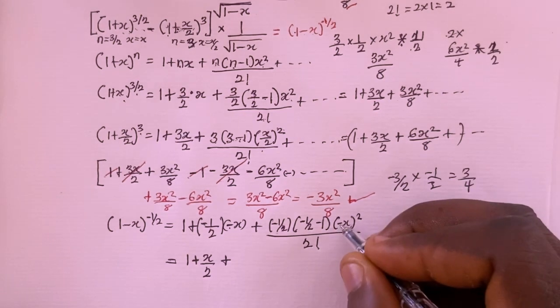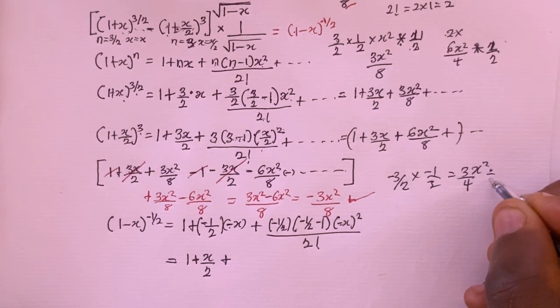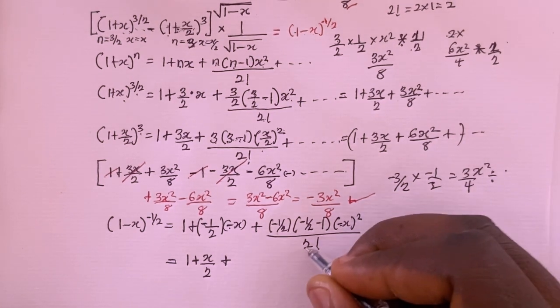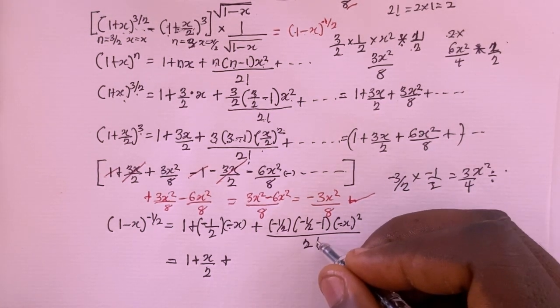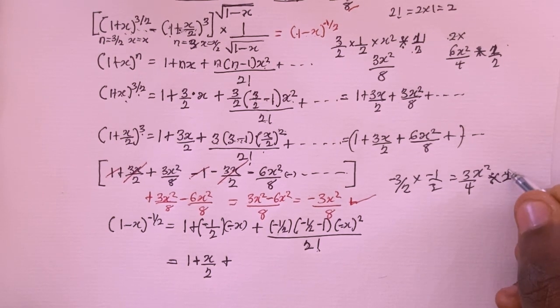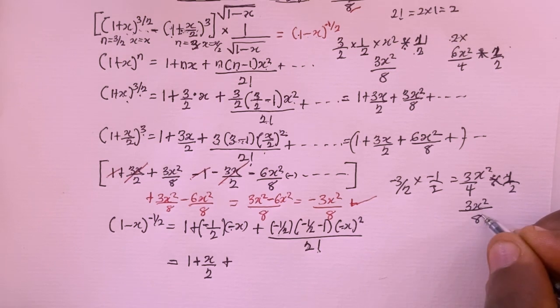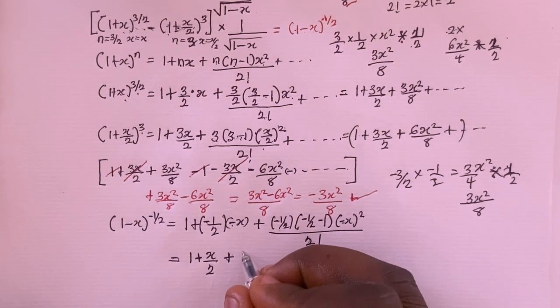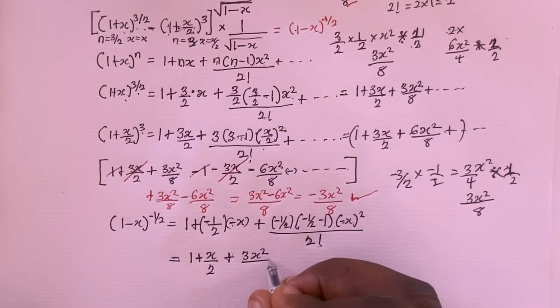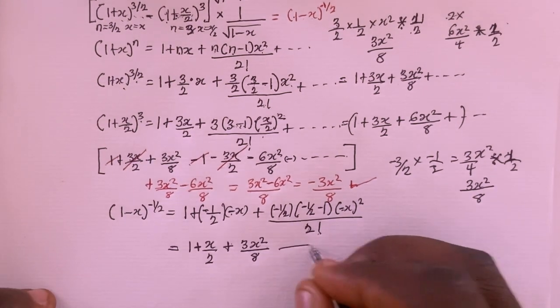Then I'm going to have minus x all squared, which is going to give me x squared. Then divided by 2 factorial. And don't forget, 2 factorial is actually 2. Then I can just say multiply 1 over 2. So here I'm going to have 3x squared divided by 8. So I'm going to have plus 3x squared divided by 8, exactly. Now, I've gotten the second expression.